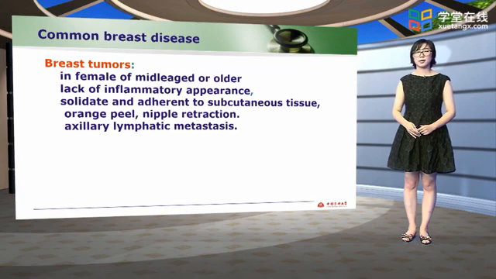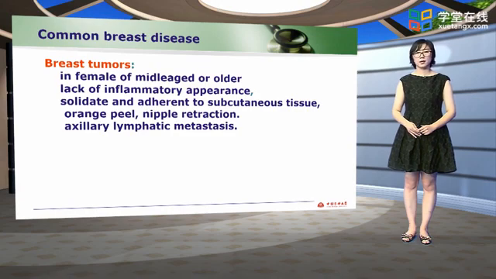Another common breast disease is breast tumors. It is a common disease and often happens in women of middle age or older. It is not an inflammatory disease, so it lacks inflammatory appearance, and it often solidifies and adheres to the subcutaneous tissue.